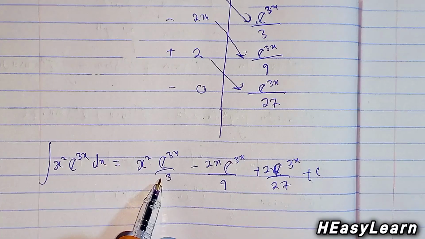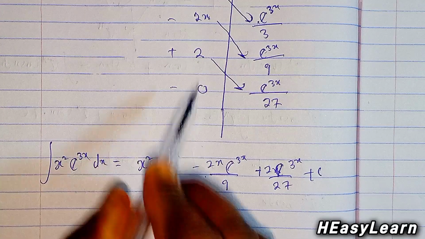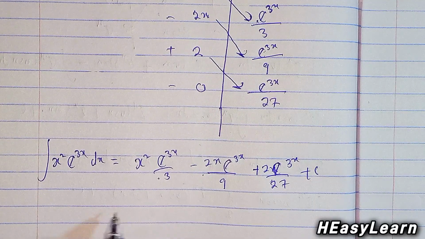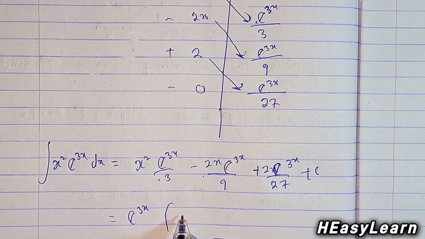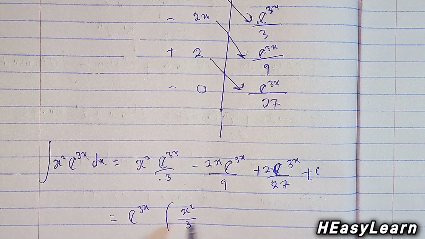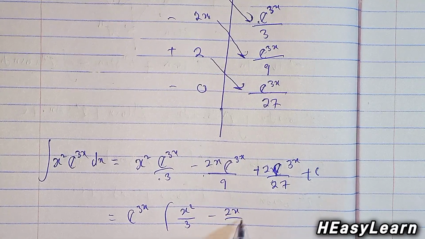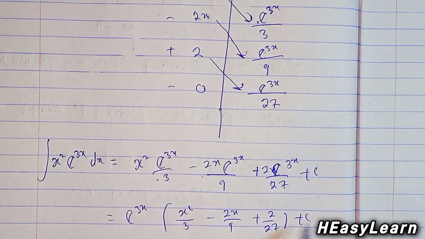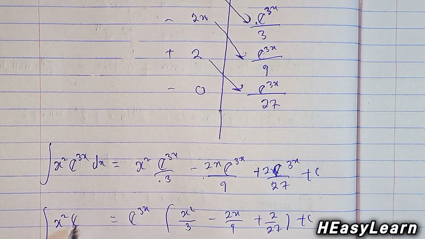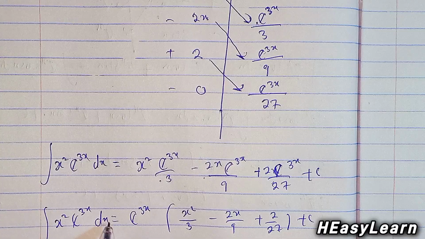This is the first term, the second term, and the third term. In this case, exponential 3x is common. We have x squared divided by 3 minus 2x divided by 9 plus 2 divided by 27, plus the constant of integration, times exponential 3x dx.